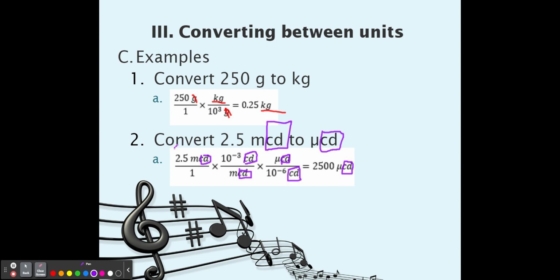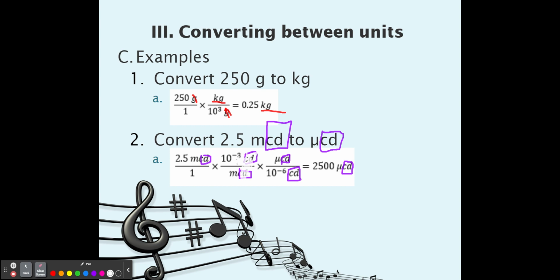All right, so I have 2.5 millicandela. Since I have millicandela, I'm going to put MCD on the bottom, and CD is my base unit on top. And so I'm going to temporarily cover those. Let's see. And I see I have M on the bottom, and so I need what milli equals on top.